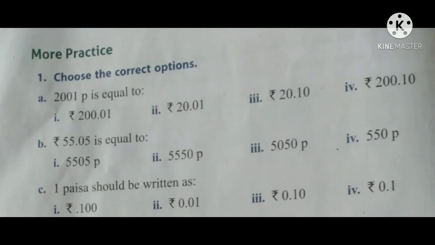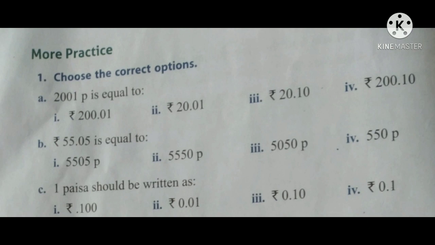Next, let us do one exercise problem, that is choose the correct options. We learn the conversion of rupees and paise. To convert paise into rupees, we have to put a dot before the second digit from the right. And to convert rupees into paise, we have to multiply the amount by 100.